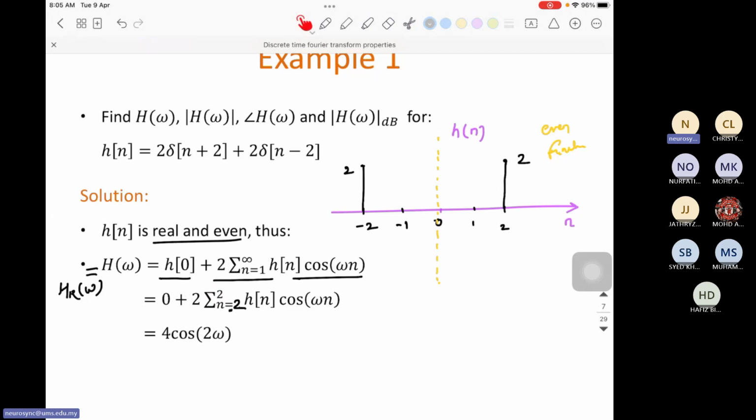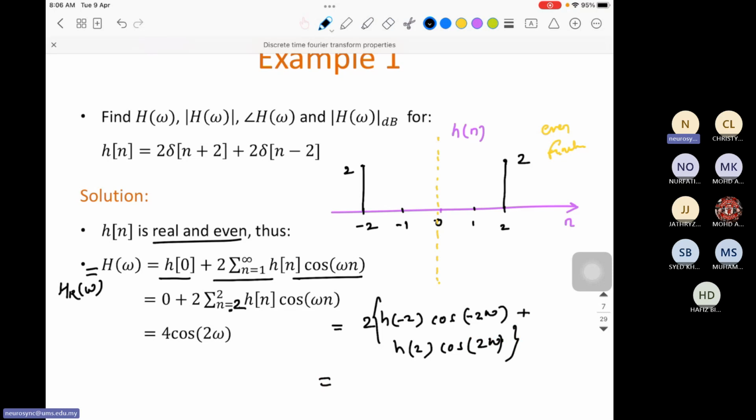Again, if you expand this, I will write 2 times the summation from minus 2 to 2, and I keep the 2 outside: h of minus 2 into cos of minus 2 omega, plus what is the next value available in the given real valued signal at n equal to 2. Therefore, plus h of 2 into cos of 2 omega.